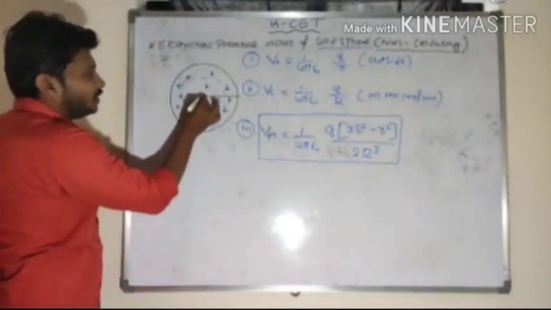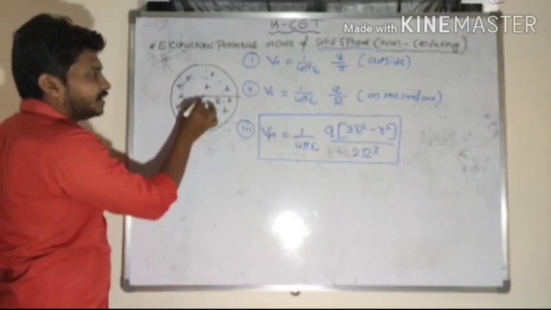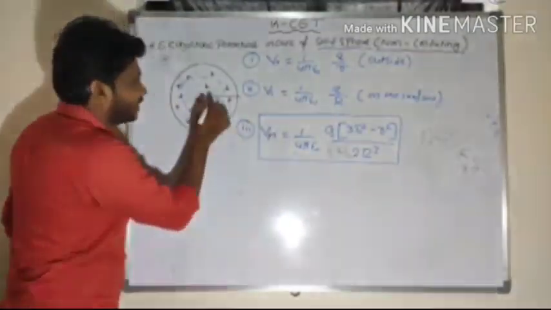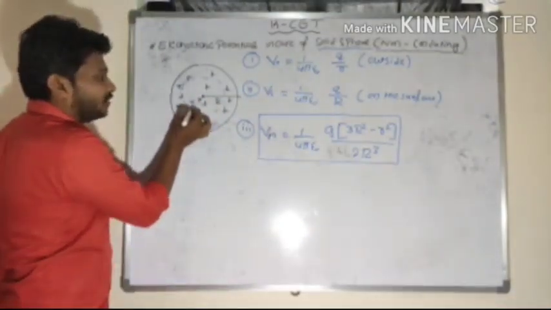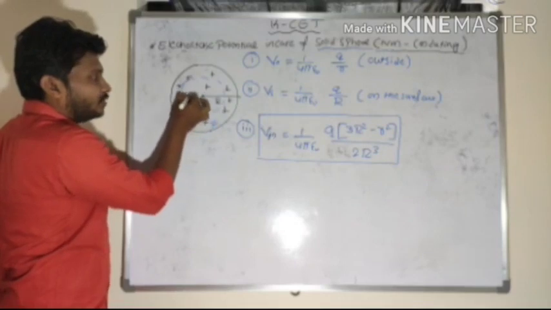Suppose what about the potential value at the center here? Potential at the center means the r value should be 0 here.